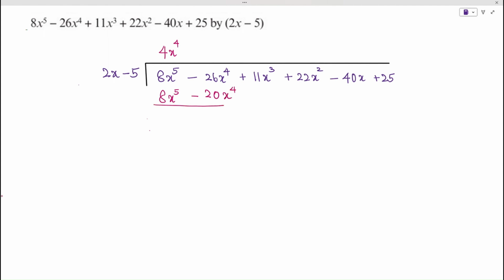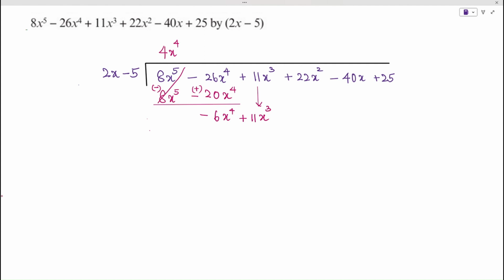And we subtract our values. So our 8x to the 5s cancel out here. And we get minus 26x to the 4 plus 20x to the 4, which gives us minus 6x to the 4. We bring down our next term. So this is our x cubed term, so we get minus 6x to the 4 plus 11x cubed.